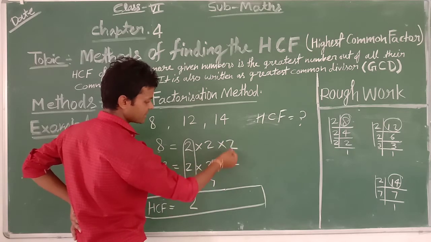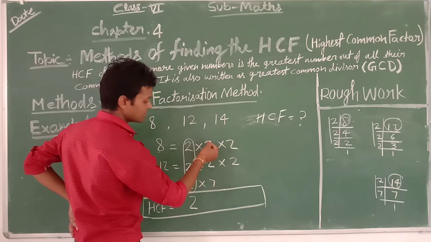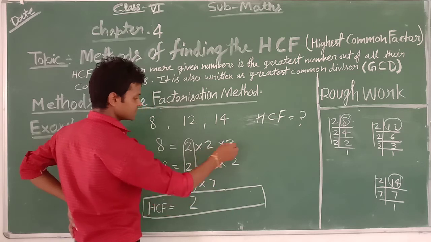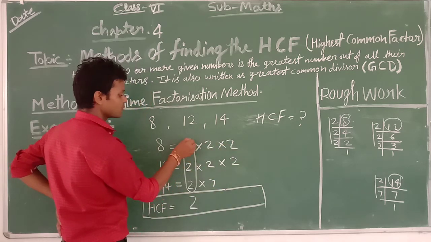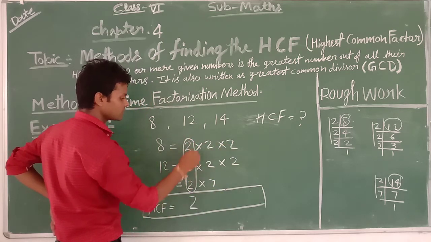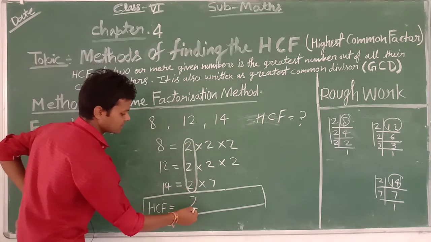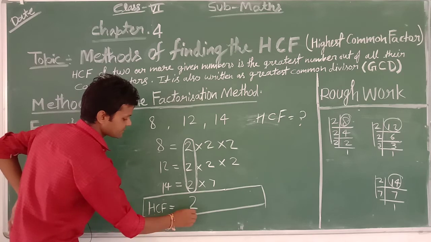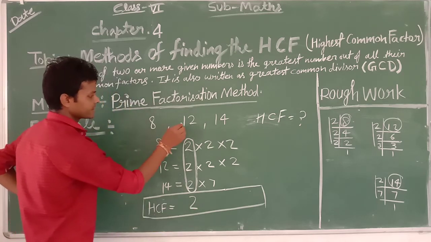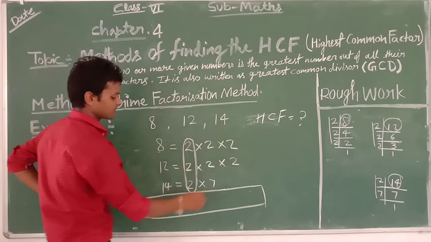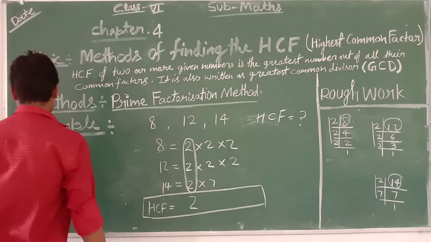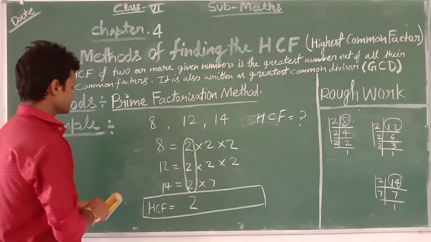No match. Here 2 2, but here not 2. Here 2 2, but here 7. Is this a match? Okay, you found only one pair of 2 in the factors. This is called the highest common factor of 8, 12 and 14. Your final answer.